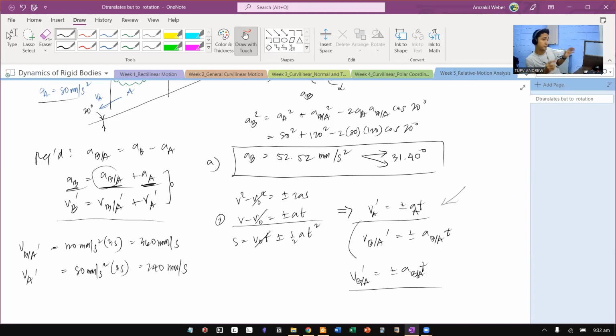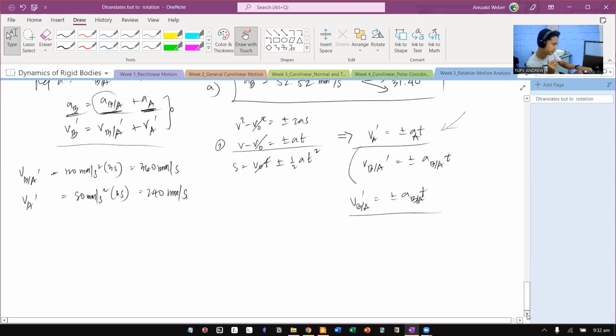Okay, so these are the velocities at time t equals 3 seconds. So finally, we can solve for VB prime, the final absolute velocity of B. Because the angle is still the same, the inclination doesn't change, the 20 degrees.